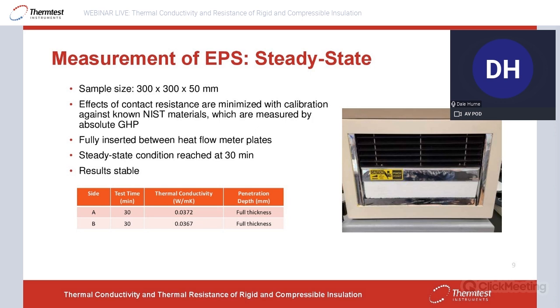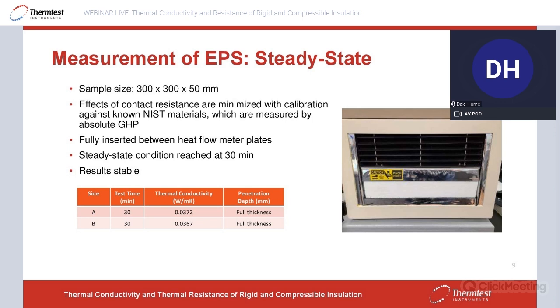This is a side-to-side measurement, where the full thickness is represented in this resistance. So you have a true value of thermal conductivity where any errors that affect the transient are stabilized through the steady state condition that we achieve. Typical test times are 20, 30 minutes based off the thickness of the sample.